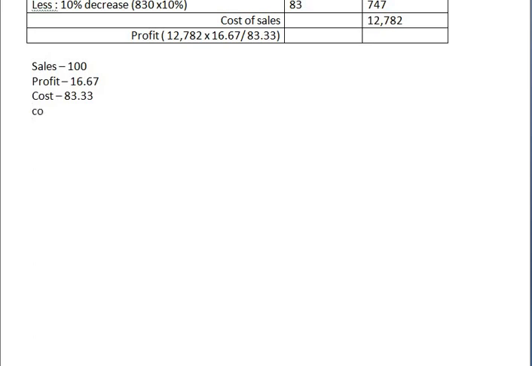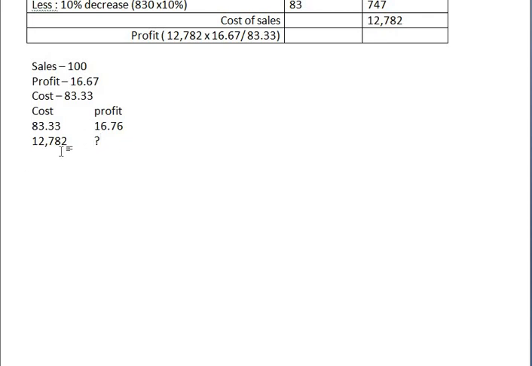Okay, now here we know cost, right? So cost, profit. Okay, now when cost is 83.33, profit is 16.67. Okay, now when cost of sales is 12,782, then how much is the profit? So just cross multiplication.